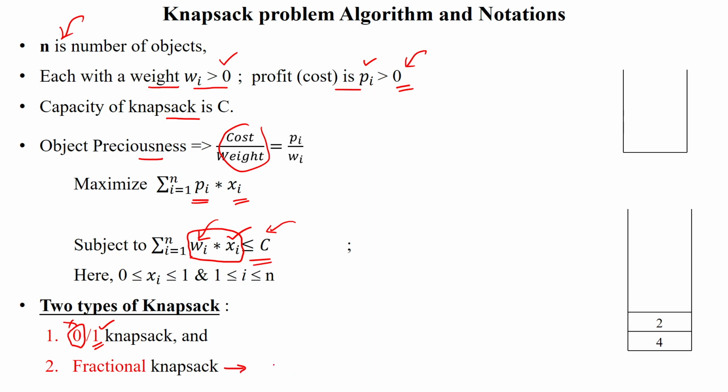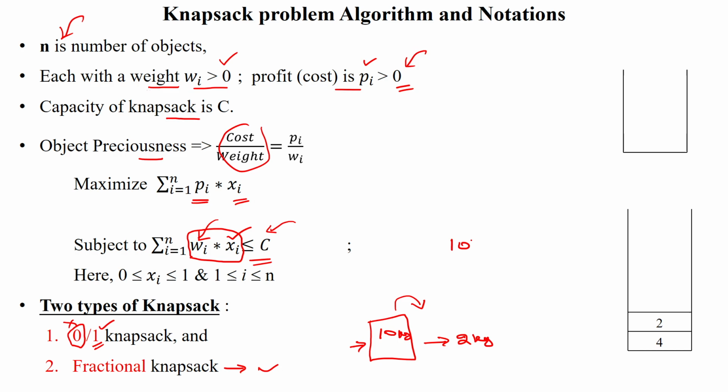Fractional knapsack means, suppose you have a 10 kilogram item. From this 10 kilogram pack you can purchase 2 kilograms. The shopkeeper will open the pack and give you 2 kilograms, and the remaining 8 kilograms stay in the shop. This is called a fractional portion, where only a part of the item is purchased. 0-1 means you have to select the entire item.